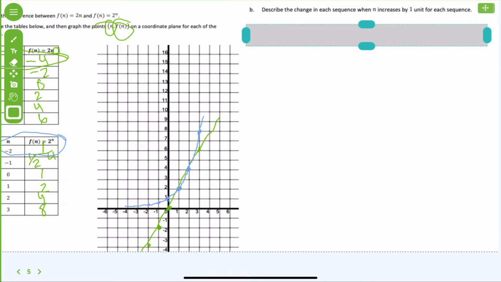Okay, so what that's going to mean is for f of n, which is whenever it's just 2n, for every increase in n by 1 unit, as n goes up 1, the value increases by 2 units, okay?